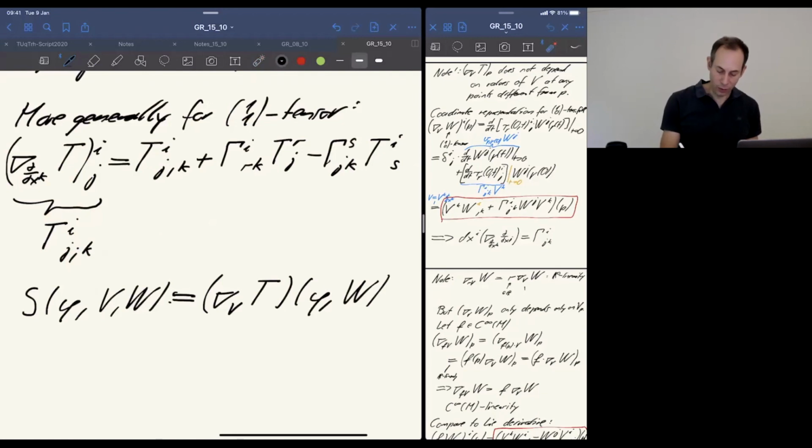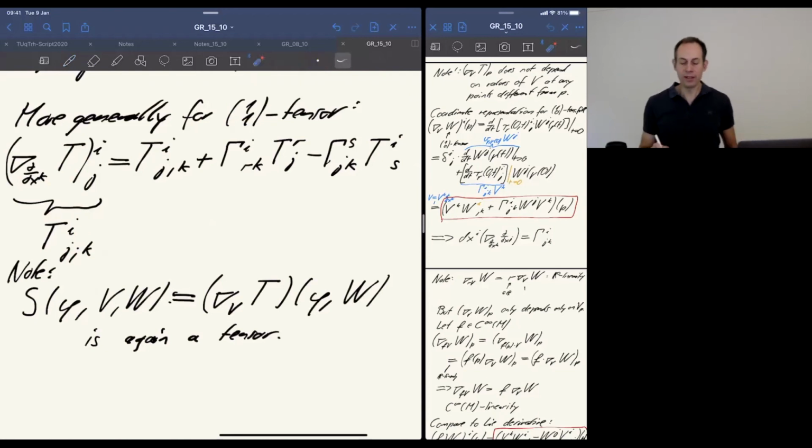And my claim is this is again a tensor. So what does this claim mean? I already told you that the covariant derivative of a tensor is again a tensor. But here I'm saying more.